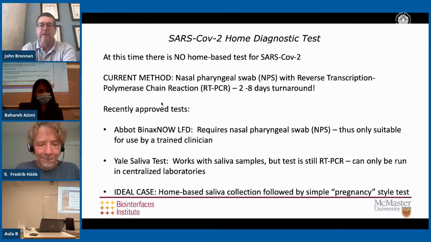If you look at the current testing and the way it's been done since the beginning, generally you go to a central site, you get a nasopharyngeal swab jammed up to the back of your brain, and you then take that swab, put it into viral transport media, and over the next maybe 2 to 8 days, a lab will run a reverse transcription polymerase chain reaction or RT-PCR assay and eventually give you a result.